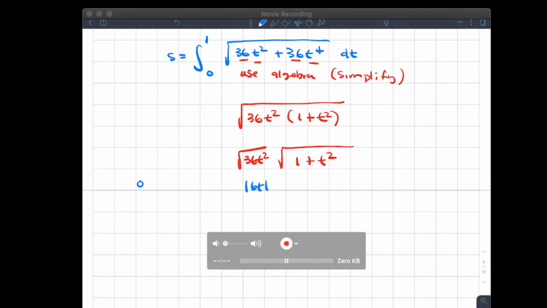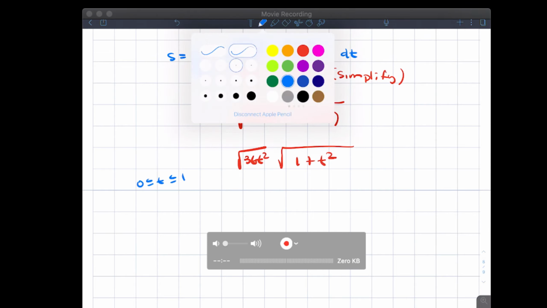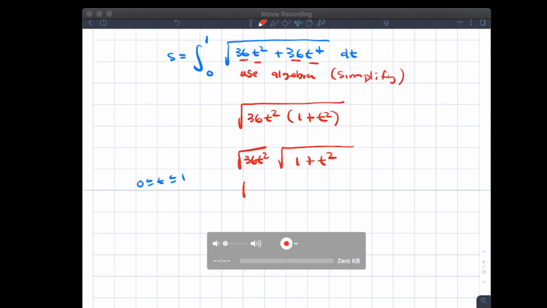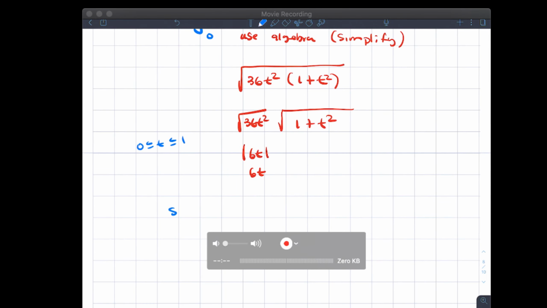Now, the interval is from 0 to 1 for t, which really means that this is going to be 6t anyway. So my arc length, t is 0 to t is 1, we get 6t square root of 1 plus t squared, and then you have a dt.